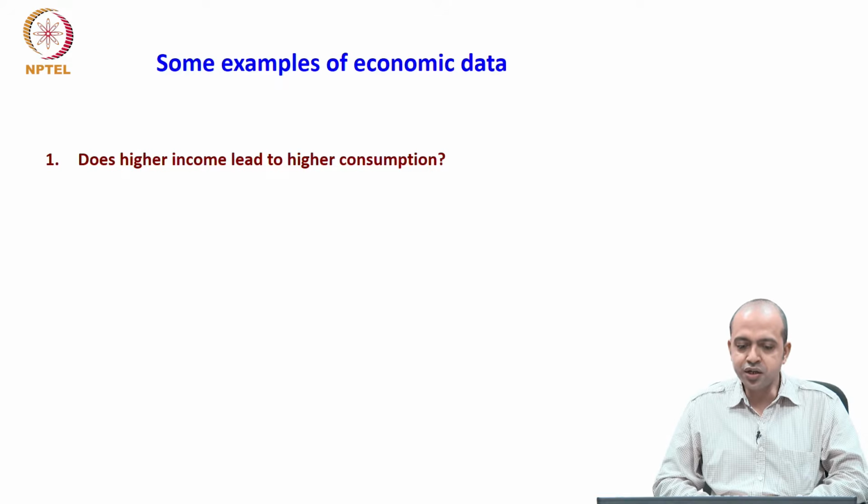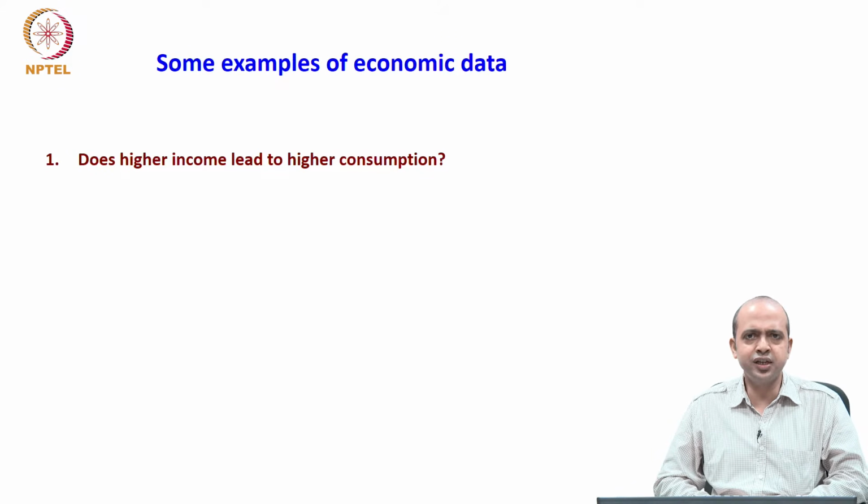And then the econometrician will use the income and consumption data, and use statistical and mathematical tools to analyze it and check empirically whether increased income actually leads to an increased amount of consumption or not. And if it does increase consumption, by what amount.